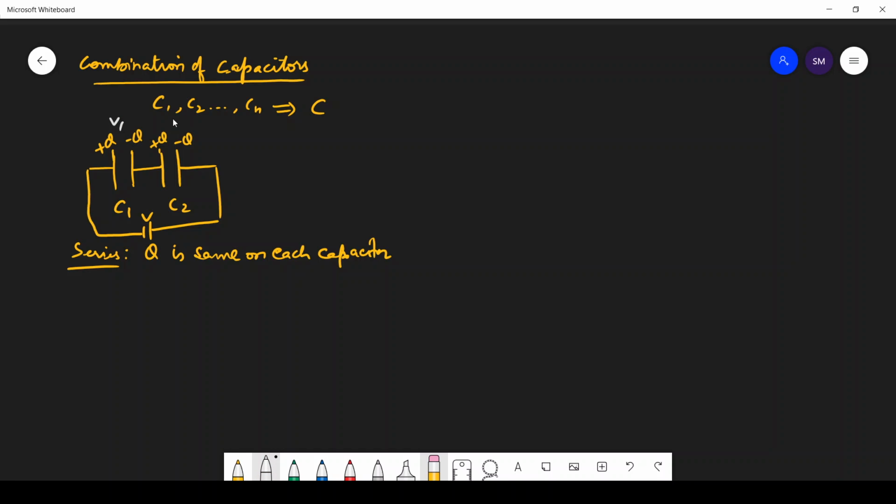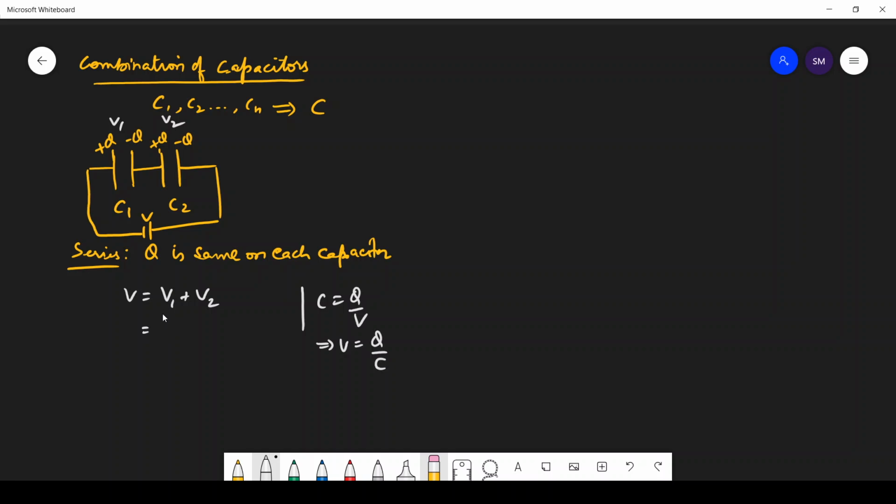So this plate will have potential V1, this plate will have potential V2. Now potential rise is equal to potential drop across these plates. So V is equal to V1 plus V2, and we know that C is equal to Q by V, and V can be written as Q by C.